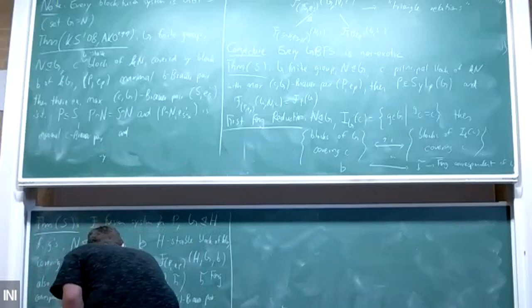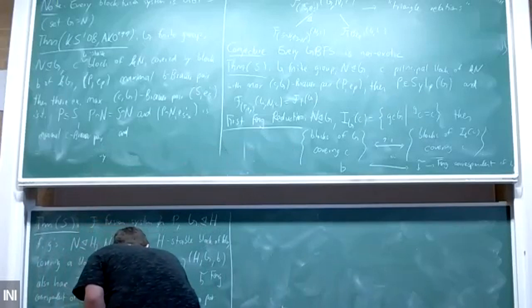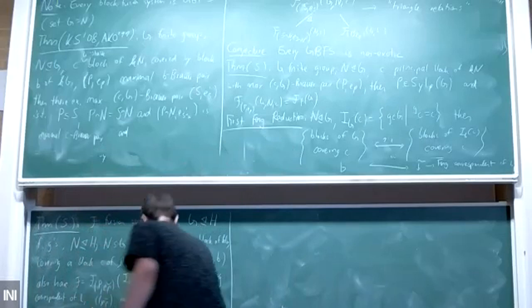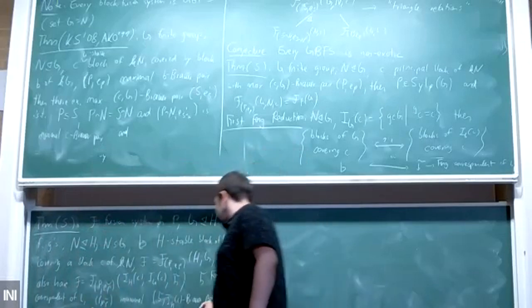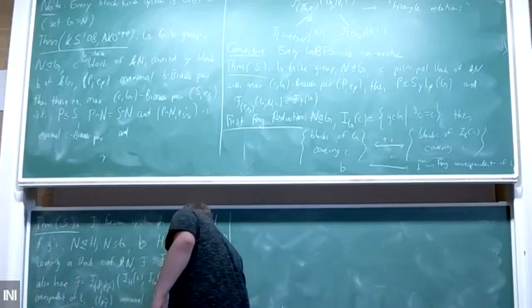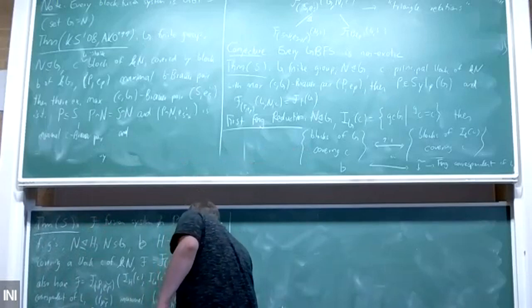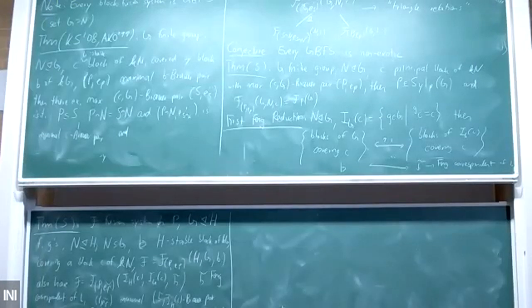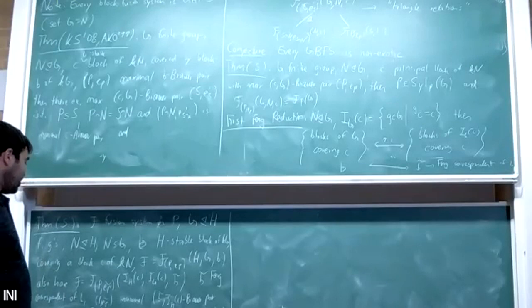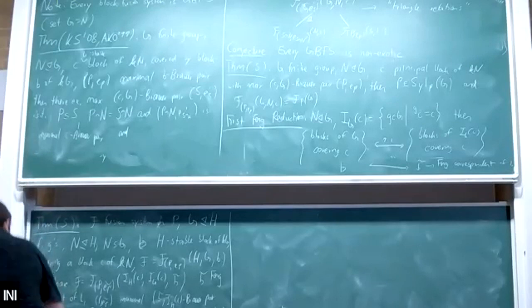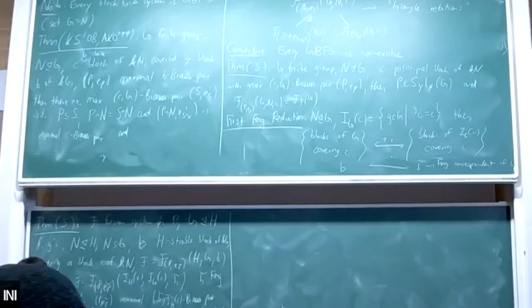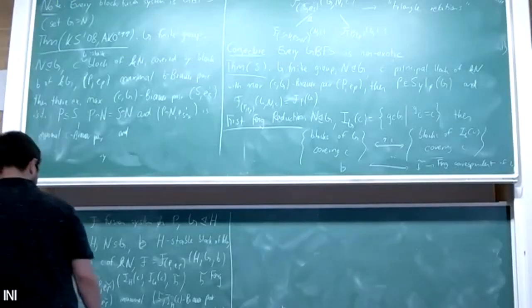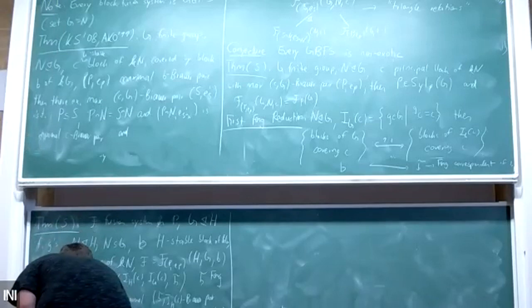If we have a normal subgroup N of G, and we have that the p-part of N is 1, and we have that S is a Sylow subgroup of G, then if we identify the image of S under the canonical surjection to G modulo N with S again, of course S is also a Sylow subgroup of G modulo N, and it also holds on the fusion system level.